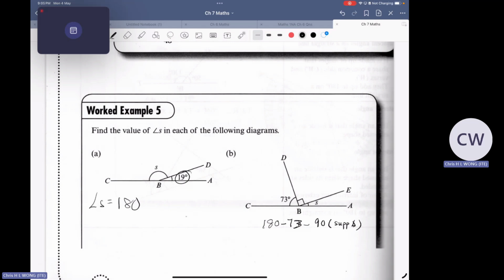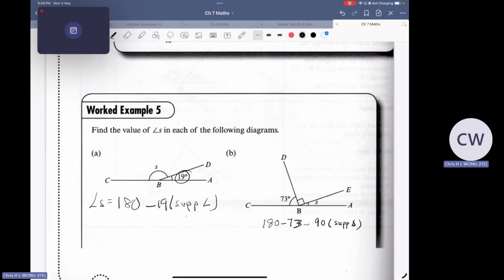Minus 19. What's the reason? Supplementary angle or angle on a straight line, up to you. Seriously, they won't penalize you for what you put. Supplementary angle.